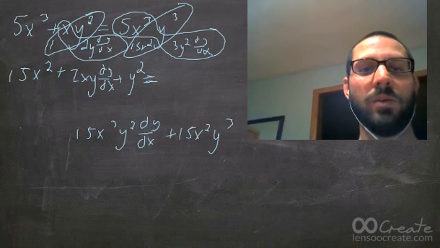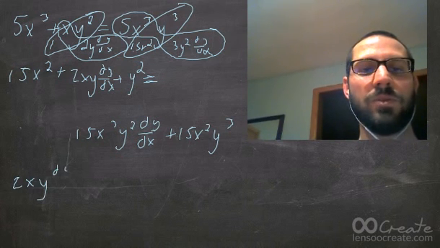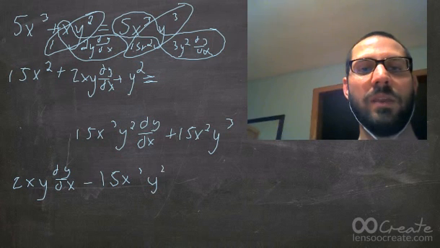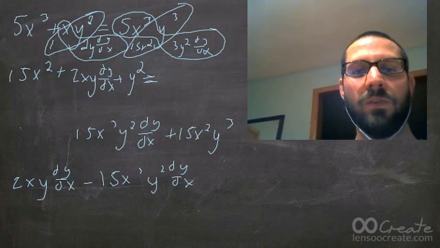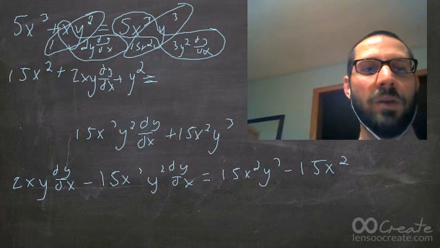That is a whole lot going on, but I've really only got the two dy/dx's that we want to get on one side. I'll go ahead and subtract the 1 over, get everything else on the right side. 2xy dy/dx was on the left side, subtracting the 15x cubed y squared dy/dx from the right side, equal to 15x squared y cubed minus the 15x squared.